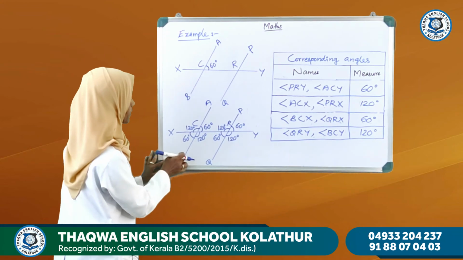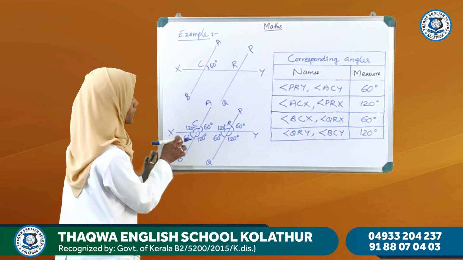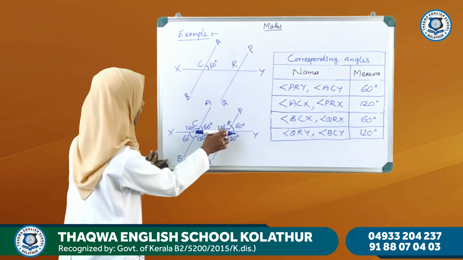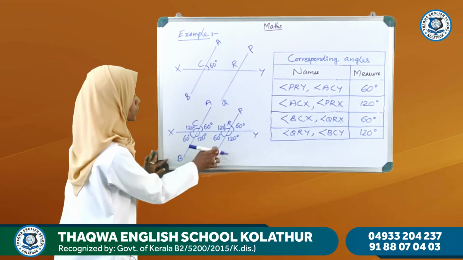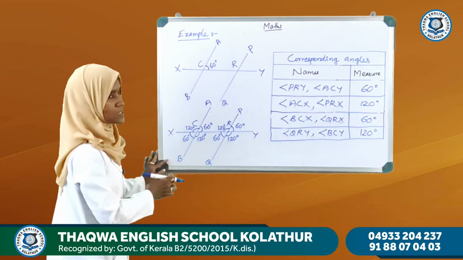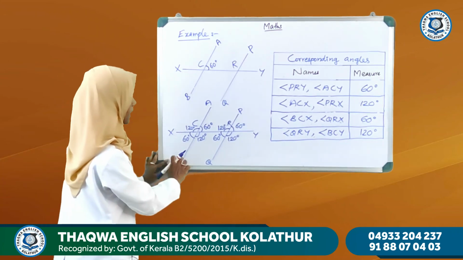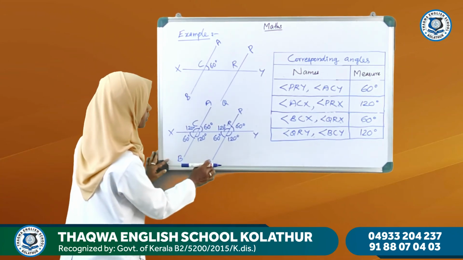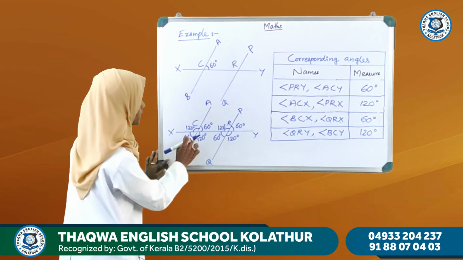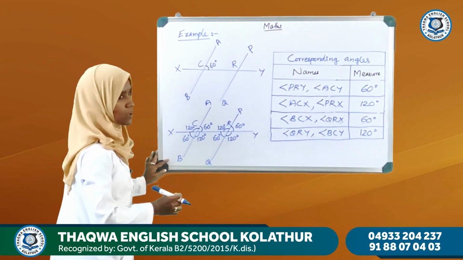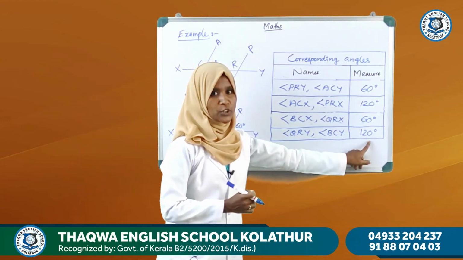Third, angle BCX, angle QRX. Measure is 60 degree. Last, angle QRY, angle BCY. Okay. This is 120 degree.